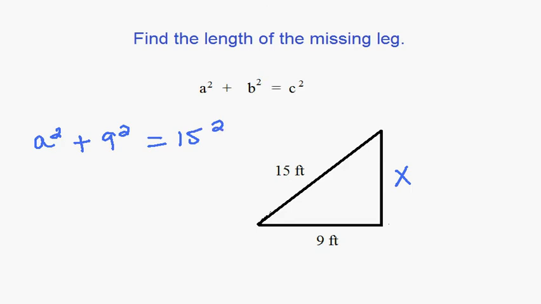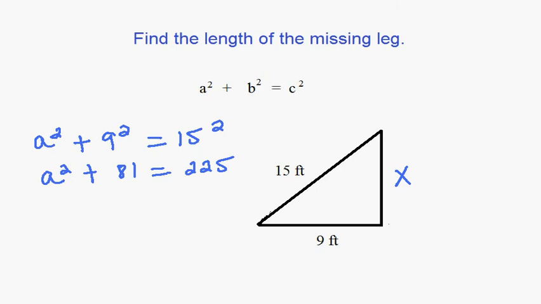Next, we're going to simplify. 9 squared simplifies to 81. And 15 squared simplifies to 225.